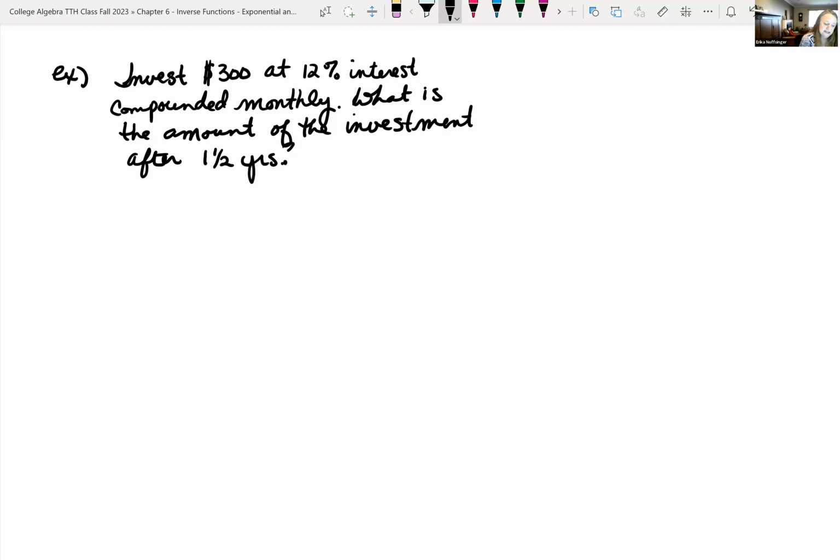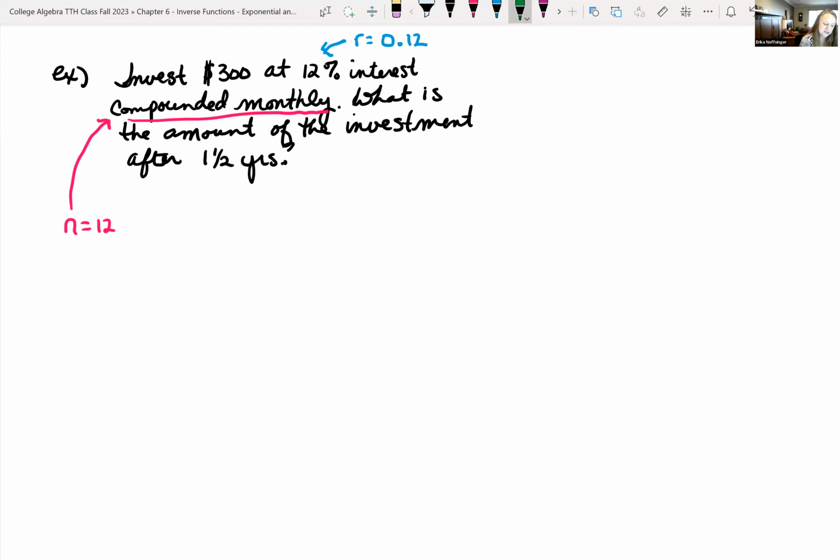Okay, so since it's compounded monthly, the number of times it's being compounded a year is 12. Our interest rate needs to be in terms of a decimal. So 12%, our rate is 0.12. So divide your percent by 100 to get the decimal form.